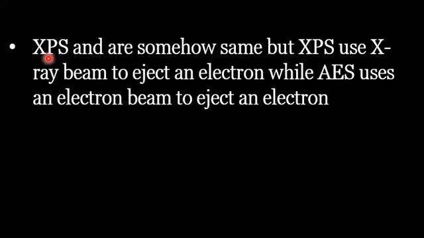The main difference between X-ray photoelectron spectroscopy and Auger electron spectroscopy is that X-ray photoelectron spectroscopy uses X-rays or photons for the emission of the core electron in an atom, whereas in Auger electron spectroscopy a beam of electrons is used to emit the Auger electron from an atom.